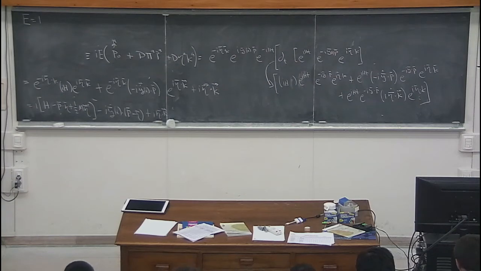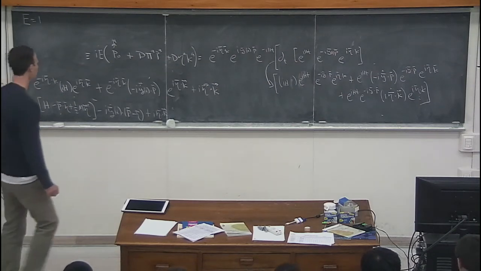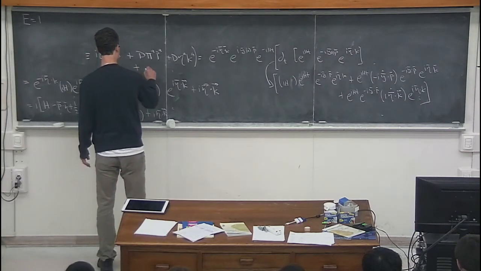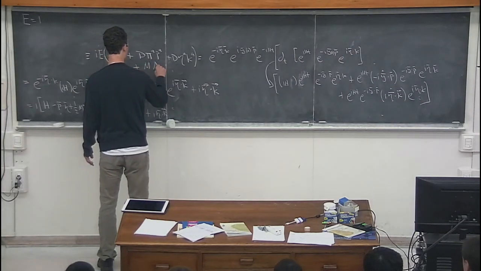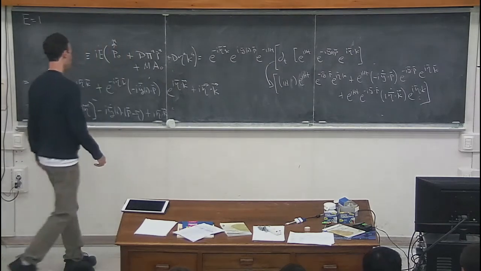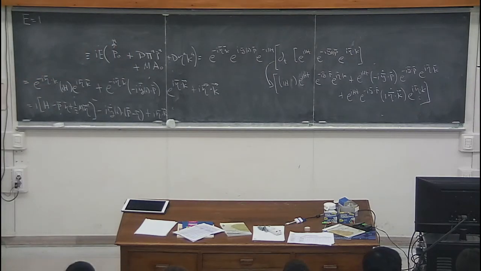Let's pull out the, I forgot in here, I also have plus m a0. Right? M is an unbroken generator, and the coefficient of the unbroken generator is the gauge field. Okay? So let's pull out the coefficient of A0.